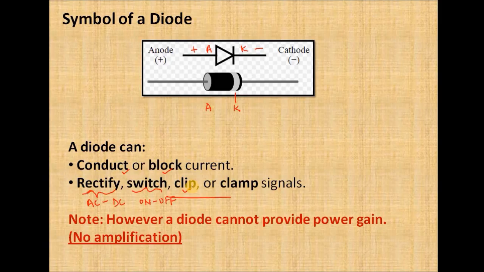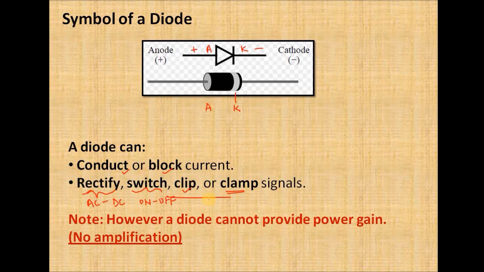It could either be the positive portion or the negative portion of a signal. Diodes can also be used as clampers. The word clamp means a DC shift. So a diode can be used in clamper circuits also. These are some of the most important functionalities of a diode.